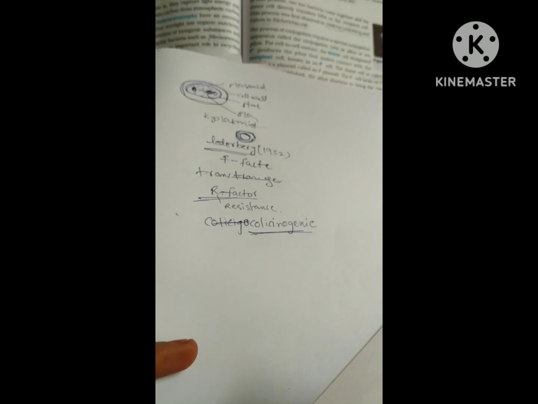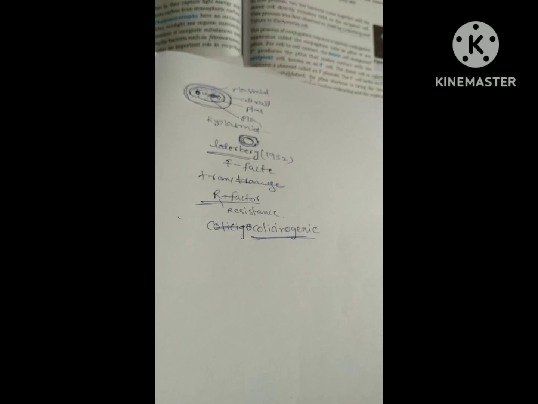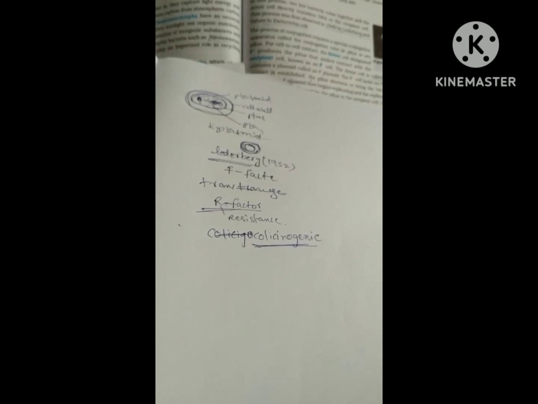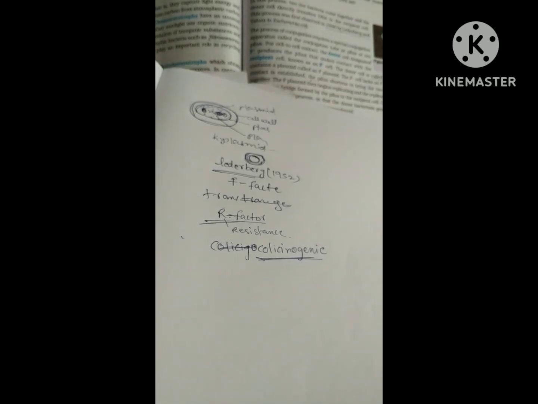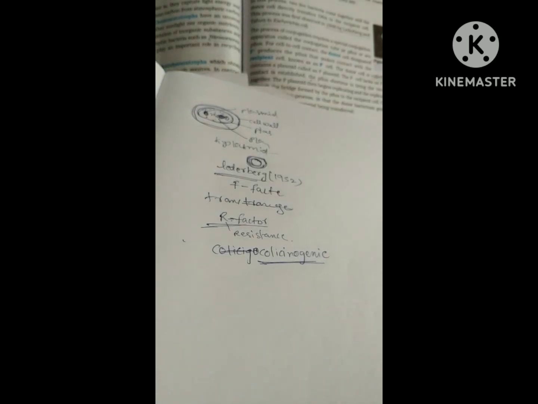Facultative aerobes are bacteria which respire anaerobically under normal conditions but can respire aerobically when oxygen is available.